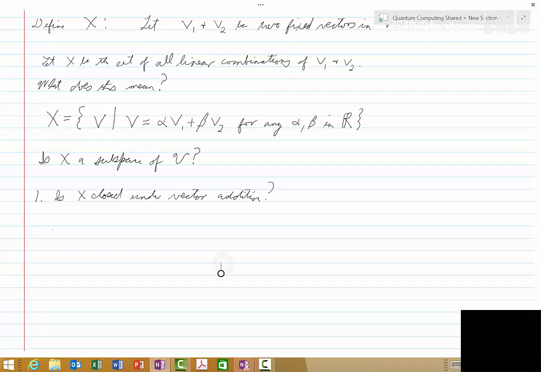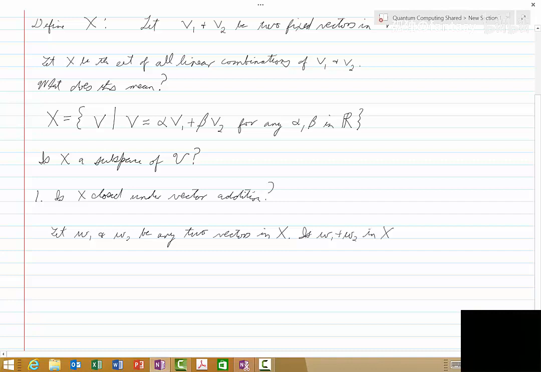So we'll say let W1 and W2 be any two vectors in X. And then we have to ask, is W1 plus W2 in X?